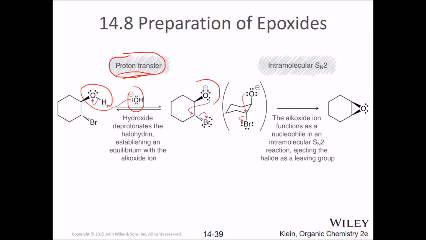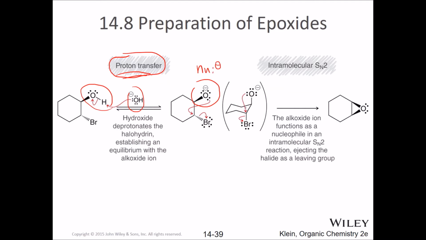And now we have, look at this, a nucleophile. You see that? The nucleophile does a backside attack at this carbon where the halogen is. It's easier if you can see it from the side.